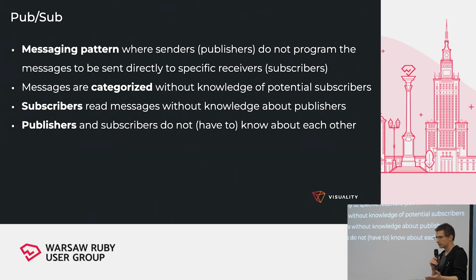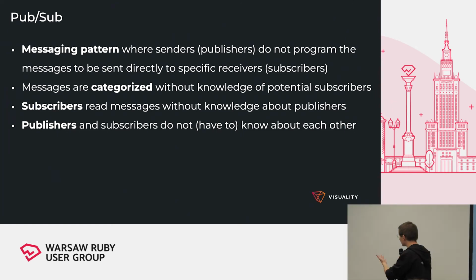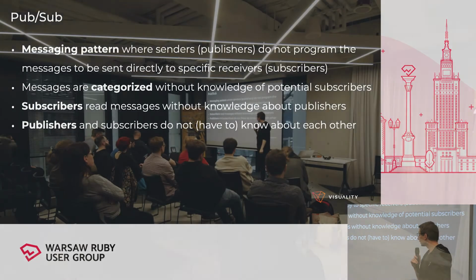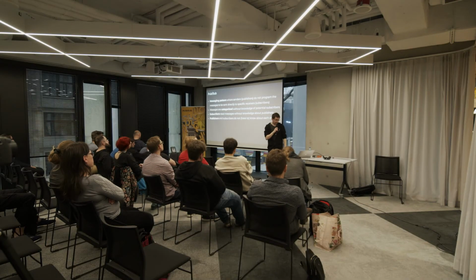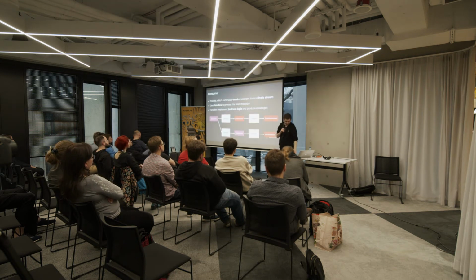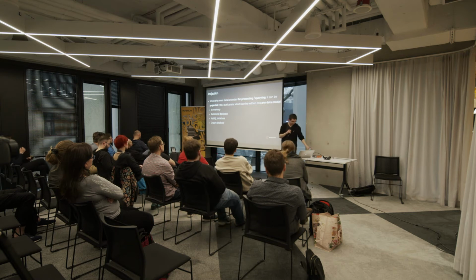Of course, you as the mastermind behind all that, you know what the publishers and what the subscribers are, but they, as components, know nothing about that. This enables us to create complex systems like this one. All right, we are almost there.